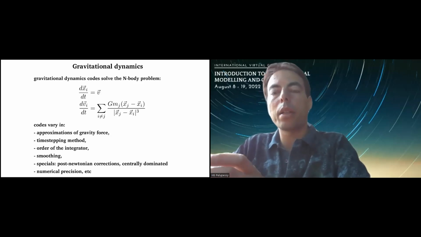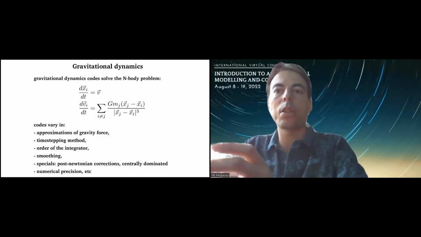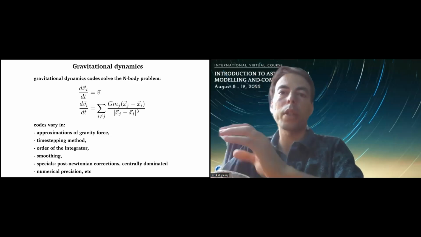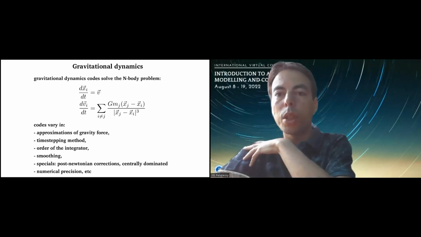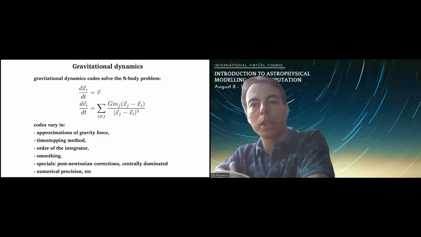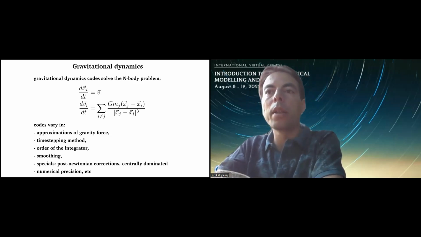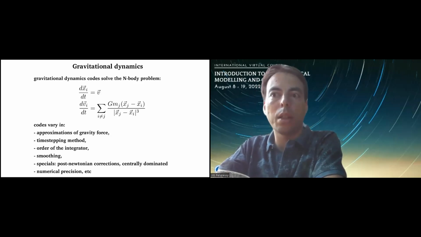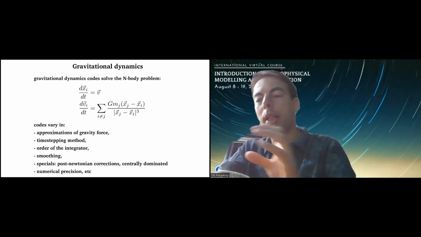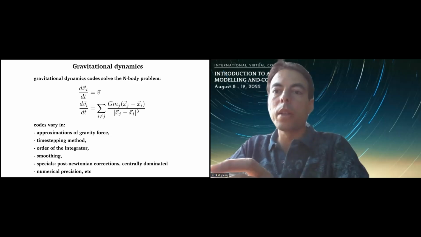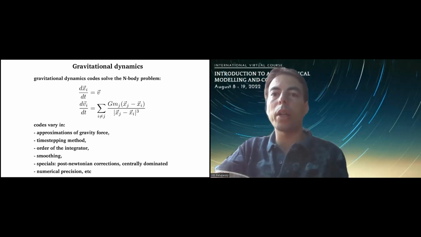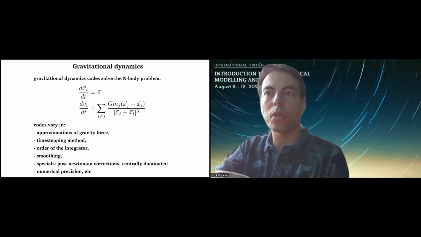And they vary in the approximations they take, the different time-stepping methods, the order of the integrator, whether they use smoothing, and then there are specials like post-Newtonian corrections, whether a given code assumes that the system is centrally dominated, so a planetary system. And then there are also codes that try to increase the numerical precision, etc.